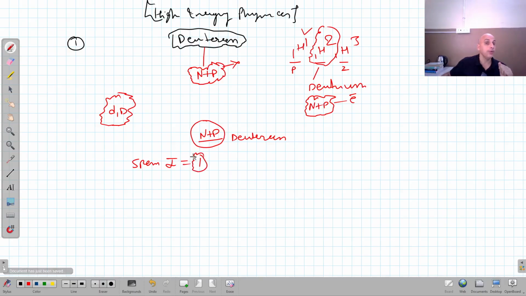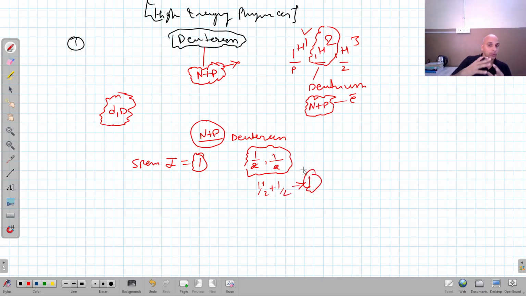We know very well that the spin of neutron and proton is both half. It means both of these particles have their spins parallel. That's why 1/2 plus 1/2 gives you 1. So when these two nucleons join inside the nucleus, they are in the spin parallel state.